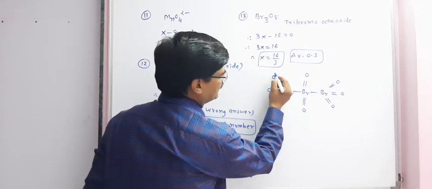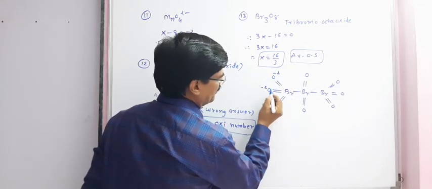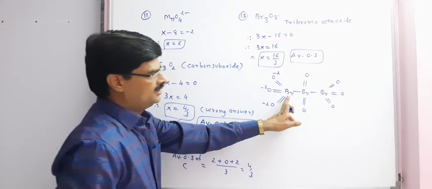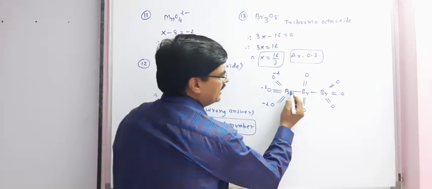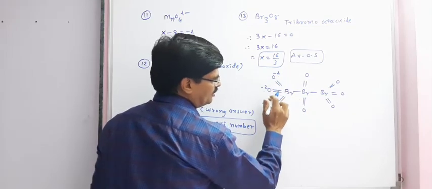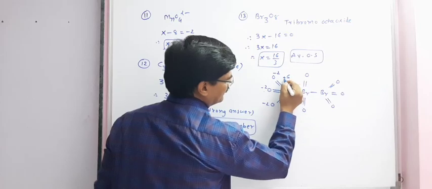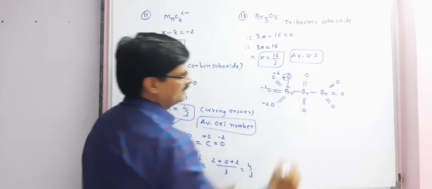For each oxygen, say minus 2 and minus 2. So first of all, this bromine will get positive 6, with minus 2, minus 2, minus 2. So the oxidation state is plus 6 for this bromine.